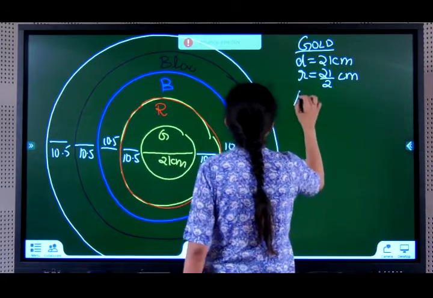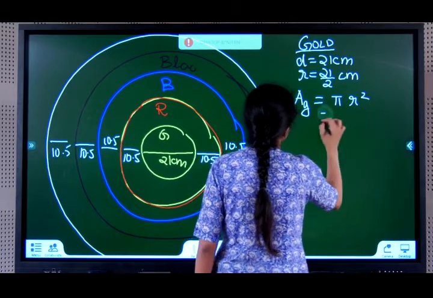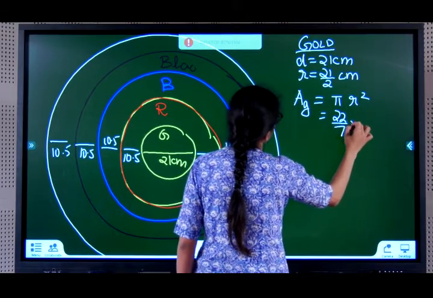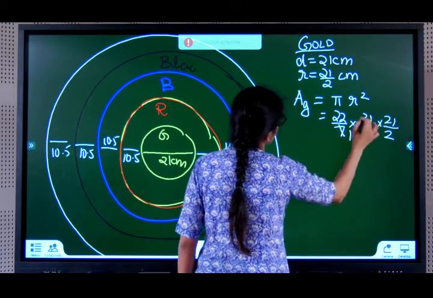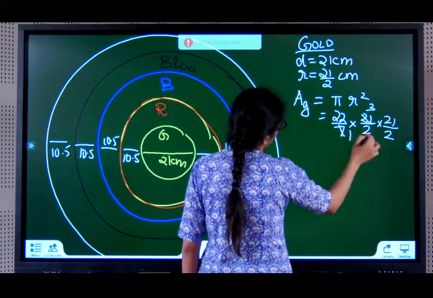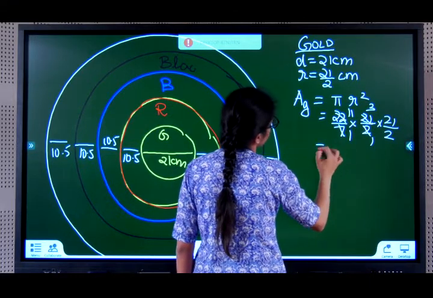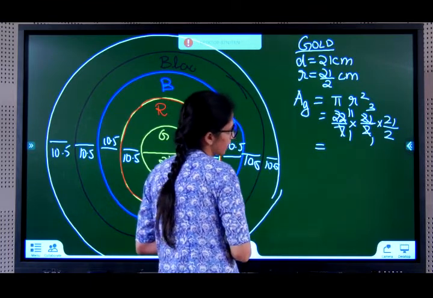Area of gold will be pi r square. 22 by 7 into 21 by 2 into 21 by 2. 7 ones are 7, 7 threes are 21, 2 ones are 2, 11 ones are 11. 11 into 3, 33, 33 into 21.